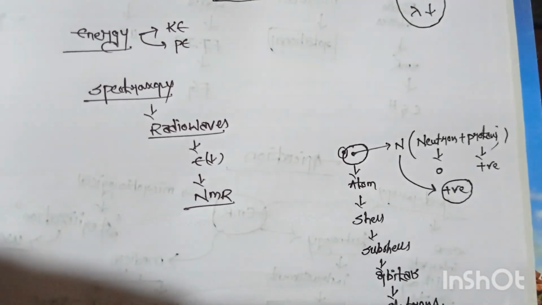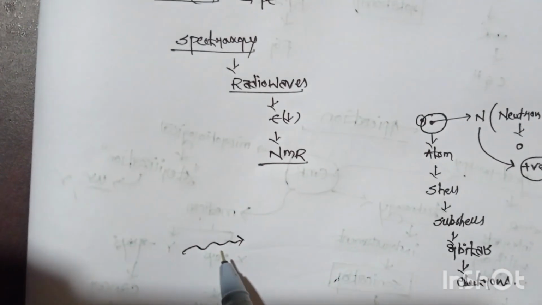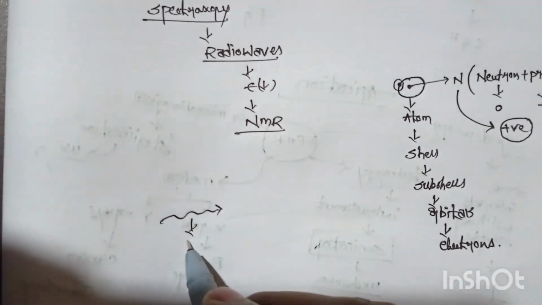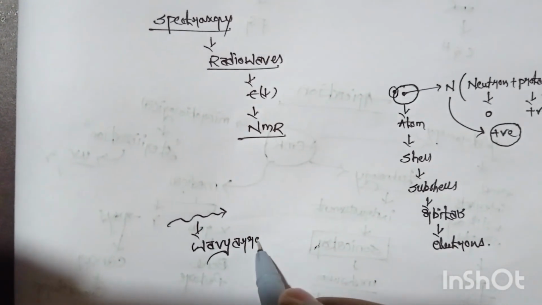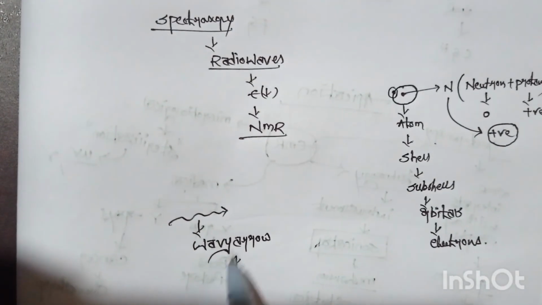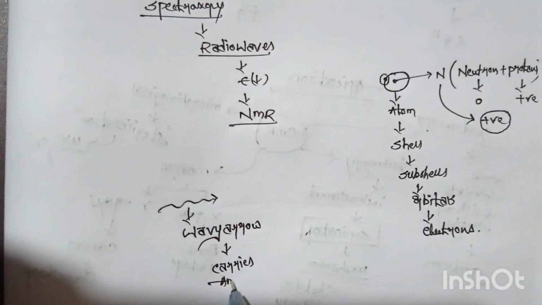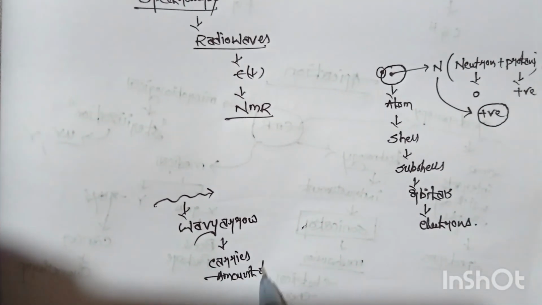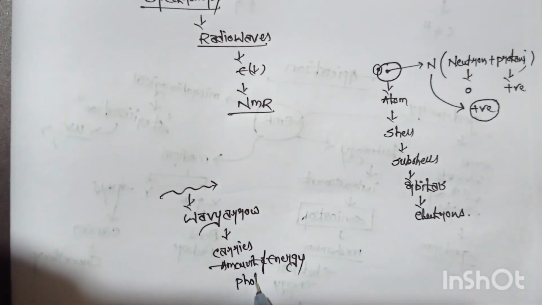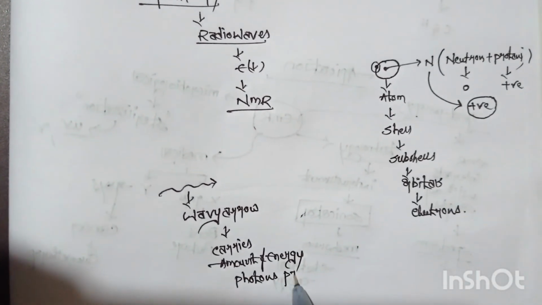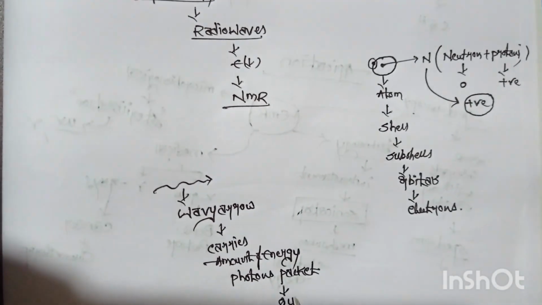So whenever electromagnetic radiation is represented in the form of a wavy arrow, the wavy arrow carries some amount of energy, that is nothing but photons in the form of packets, that is nothing but quantum.